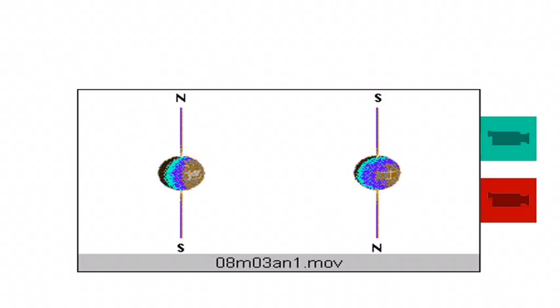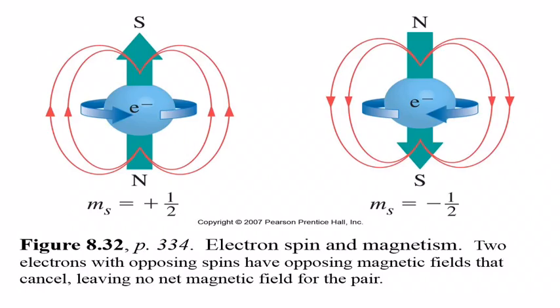My video doesn't work, but I think this figure does a pretty good job. When I look at this, it looks like the blue Earth spinning on its axis of rotation. Maybe you already know this, but if you have a planet like the Earth that has molten iron in its core and you get that to spin, if you get any charges to spin, you create an electric field.